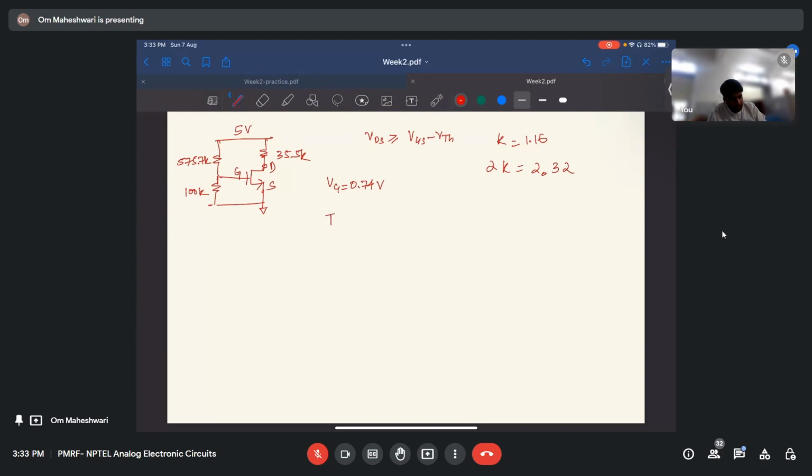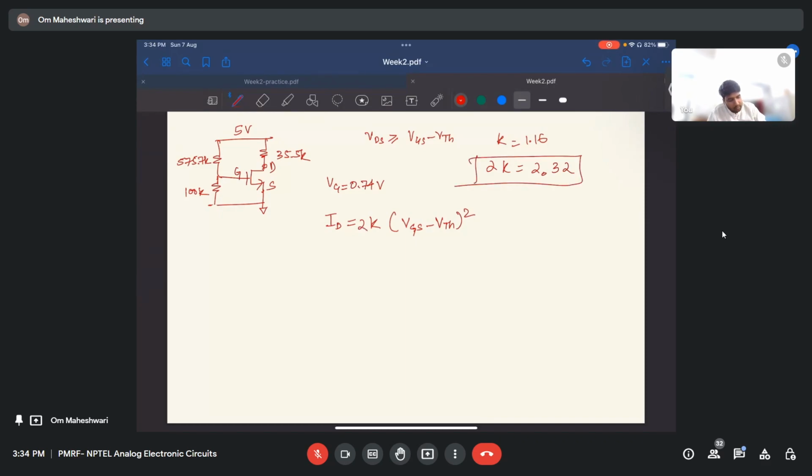So if we try to solve it, ID equals 2K. So I'm writing 2K. The equation is actually K times VGS minus VTH, but now K has changed to 2K, so I'm using this new value.